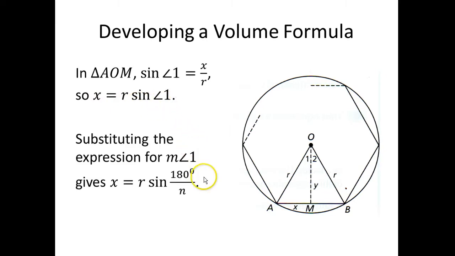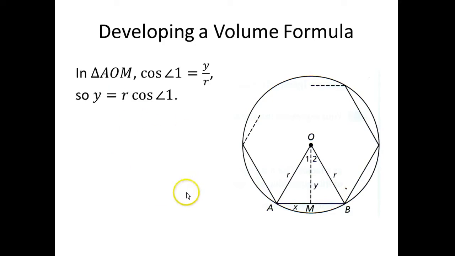I can substitute the expression for the measure of angle 1. Since I know that the measure of angle 1 is 180 degrees over n, this expression becomes x equals r times the sine of 180 degrees over n.